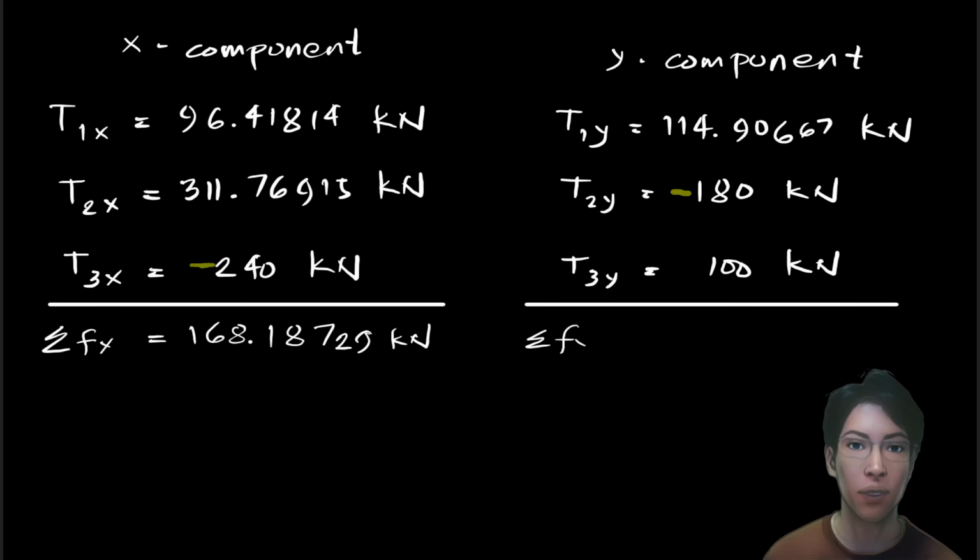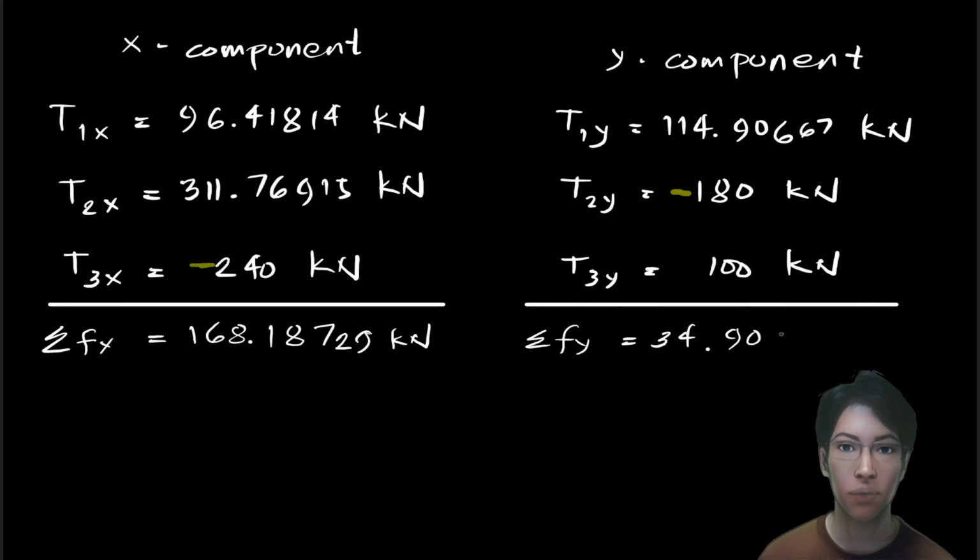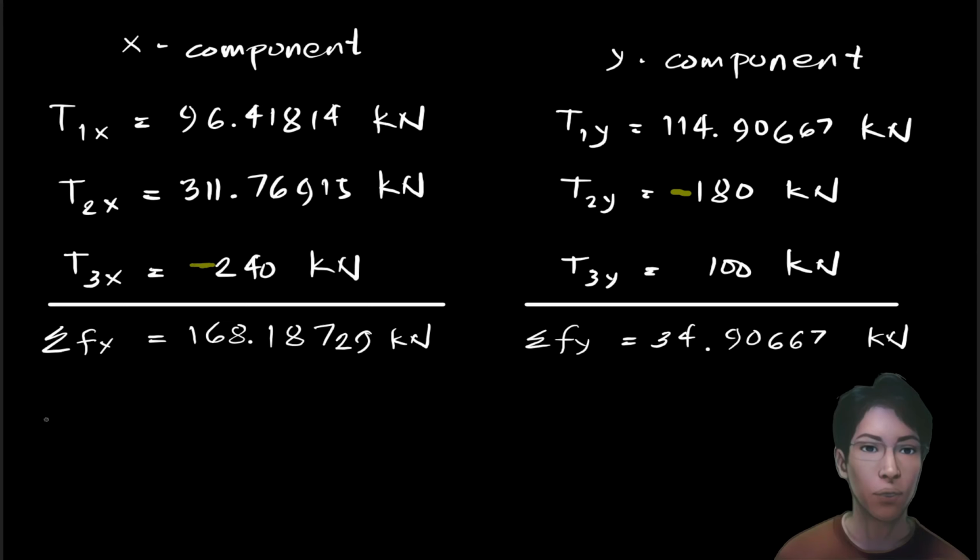And for y, we have 34.90667 kilonewton. And with that, we are now ready to compute for the resultant force.